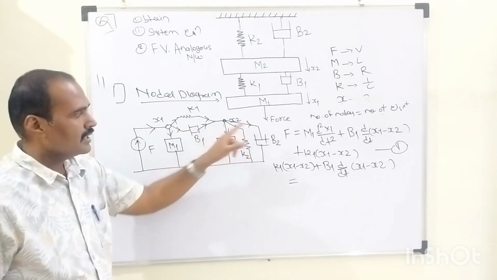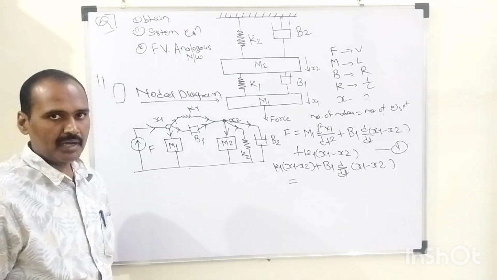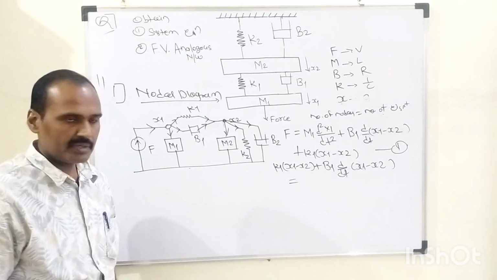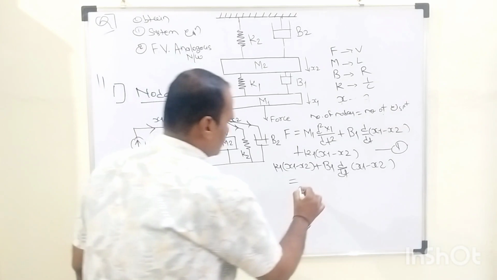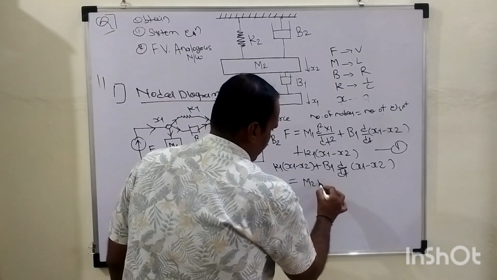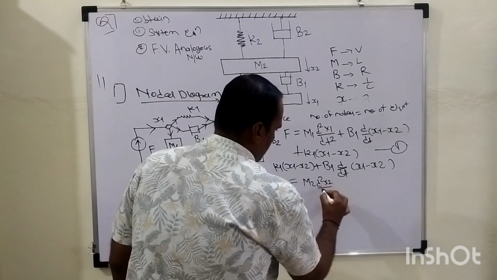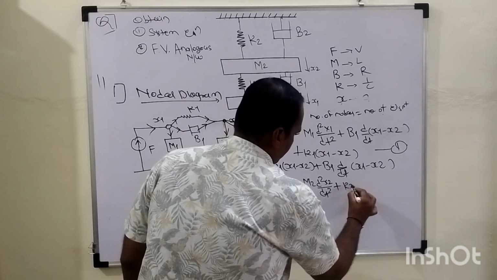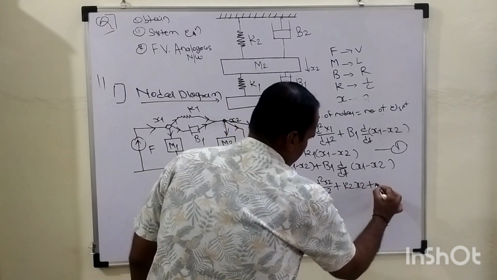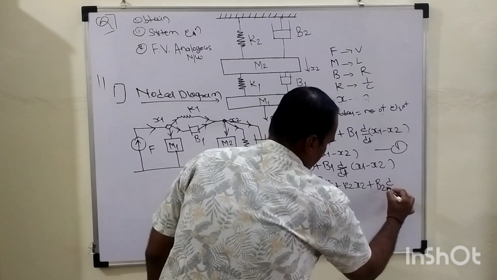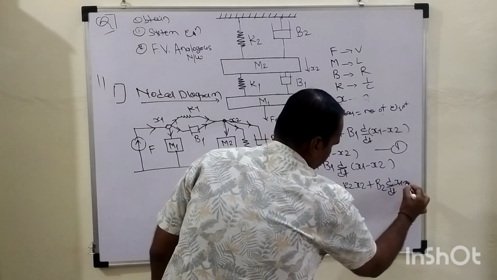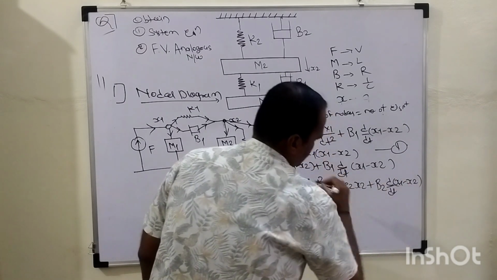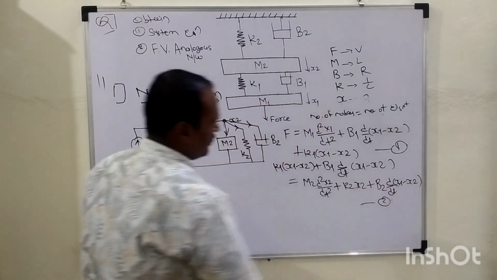Still we have the 3 different branches, so we need to map these 3 branches in terms of their system equation. It will become M2 followed by d square x2 upon dt square plus this K2 into x2 plus this B2 into d by dt x1 minus x2, right? So this is nothing but what?